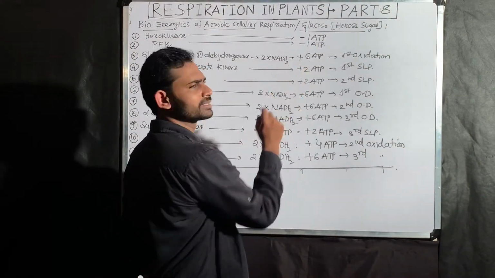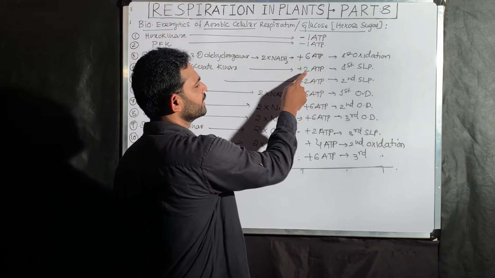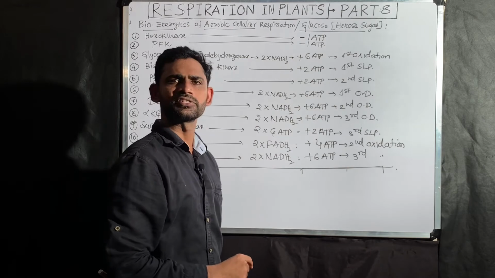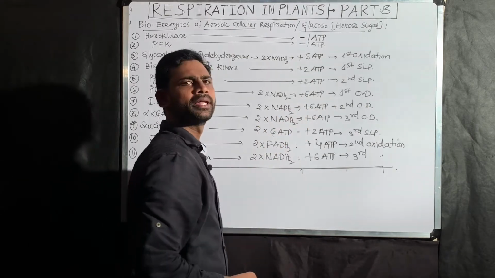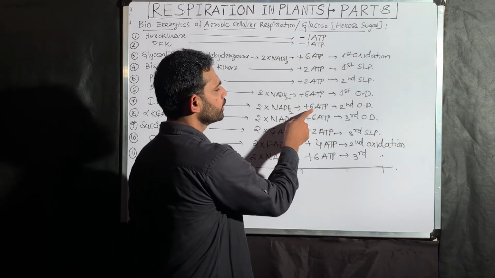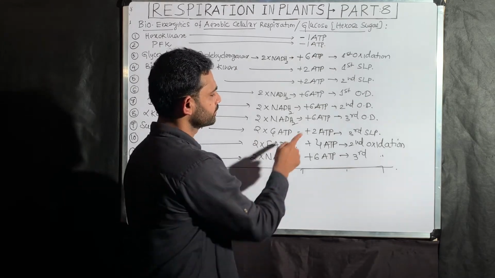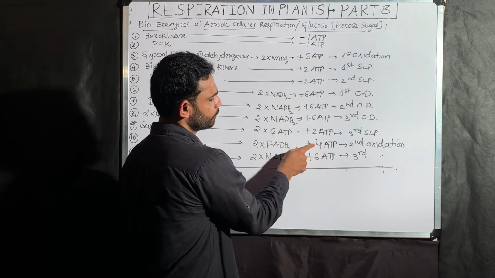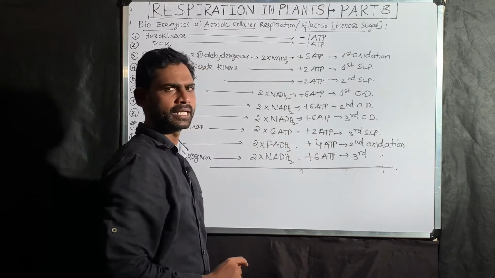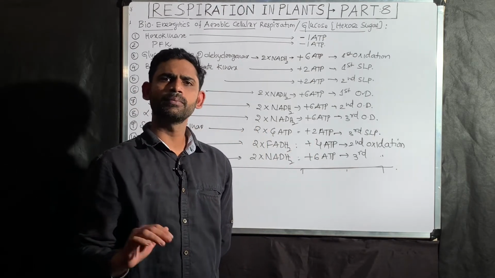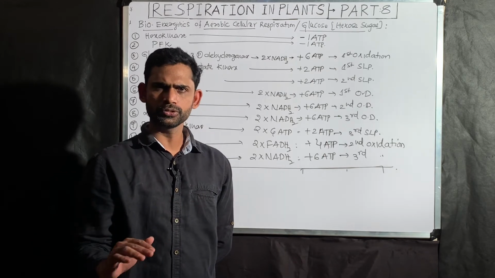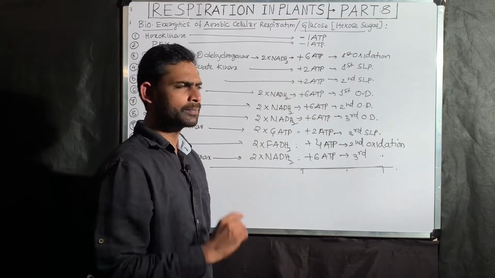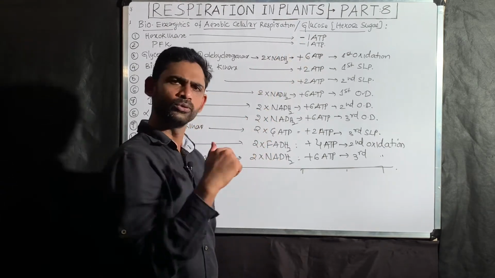This is the 6, then 8, then 10. 10 plus 6 is 16. 16 plus 6 is 22. 22 plus 2 is 24, 28? 28, 30. 30 plus 4 is 34. Then 40. That means the total number of ATPs produced per glucose is 40. But in the initial step of glycolysis, 2 ATPs are utilized.